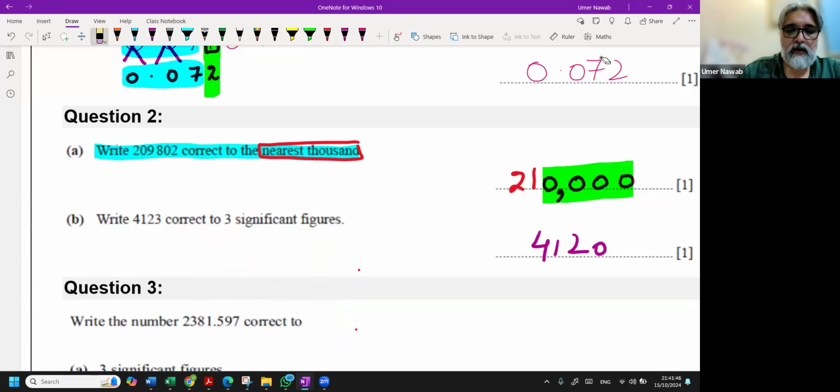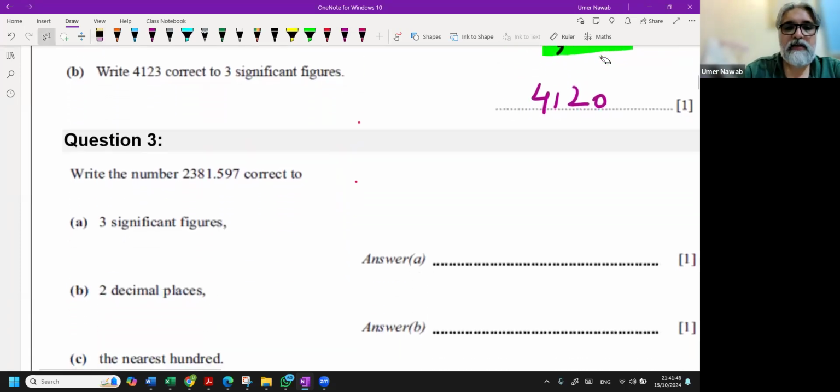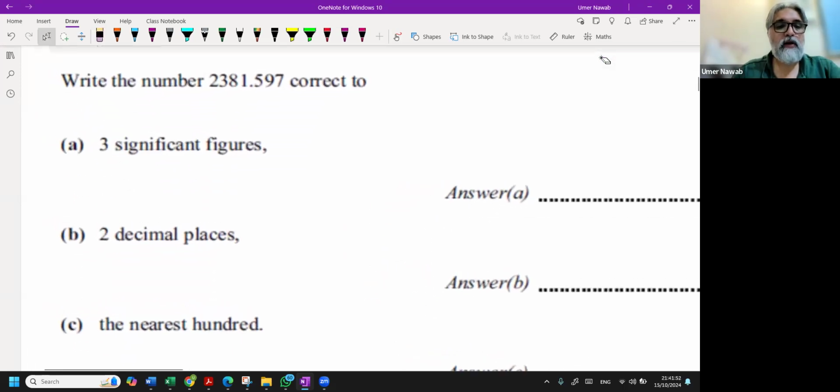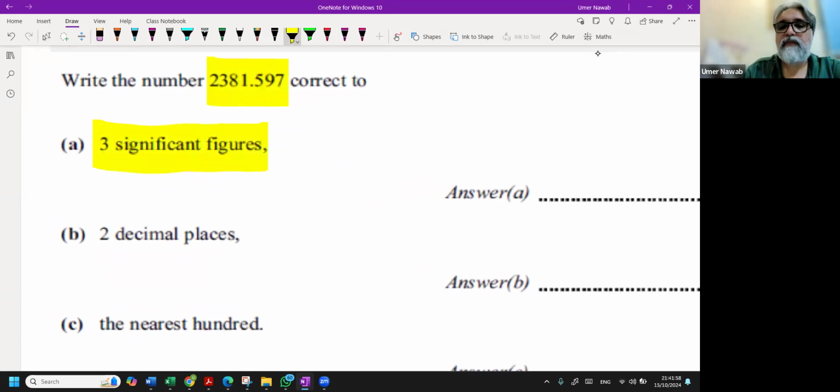Okay, guys. Now I will move a little bit fast because now you understood the basic concept. Write this number to 3 significant figures. So again, 2381.597.